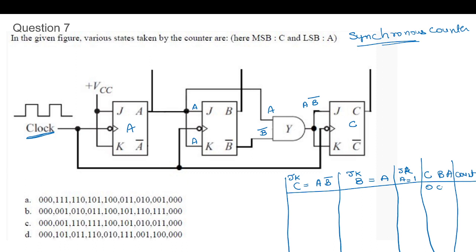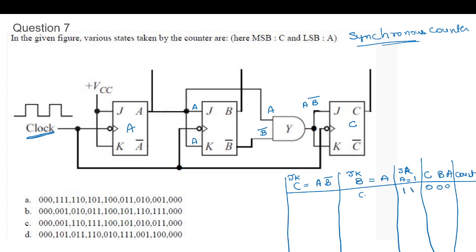So the initial state, let's assume, will be 0, 0, 0. With A as 0, J and K for C is 0 and for B it is 0, and for A it is 1, 1.